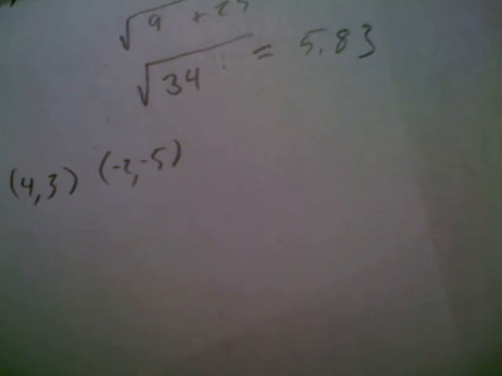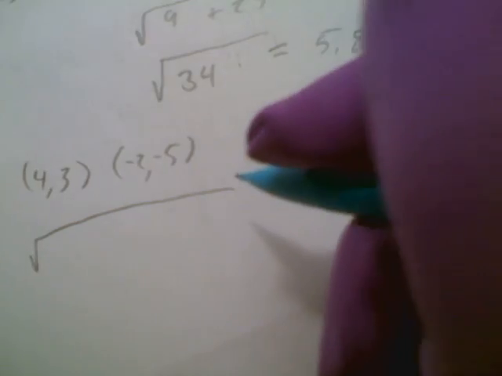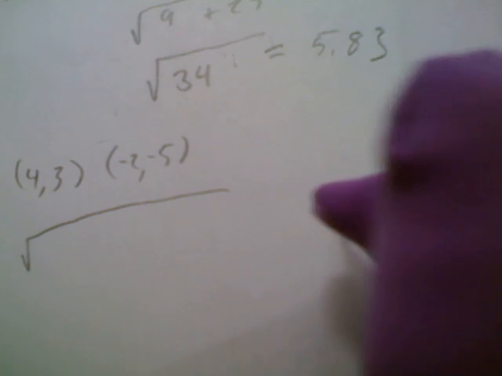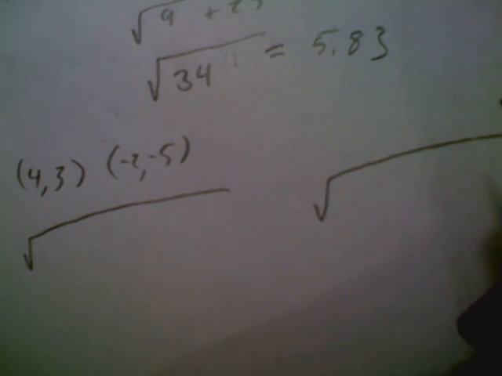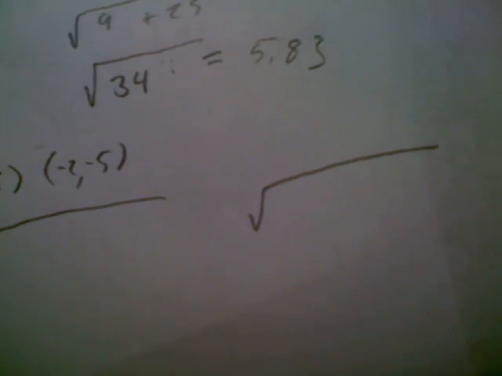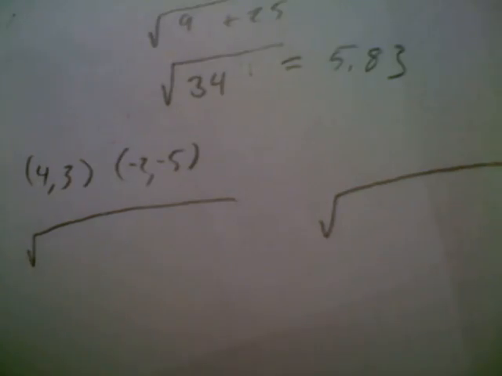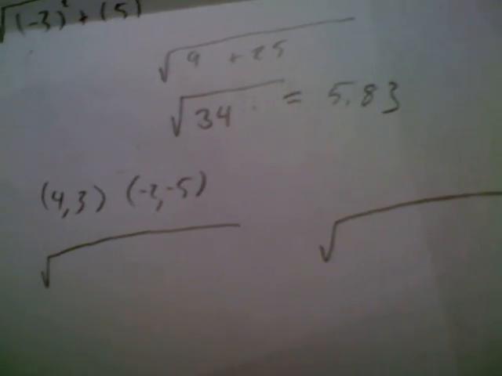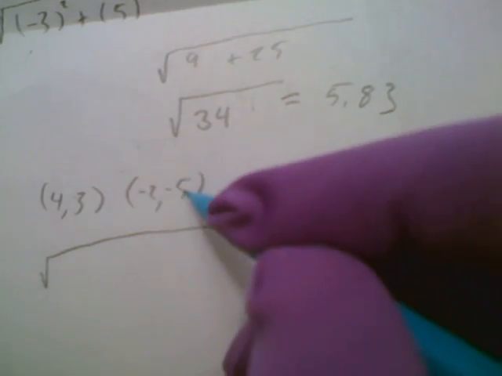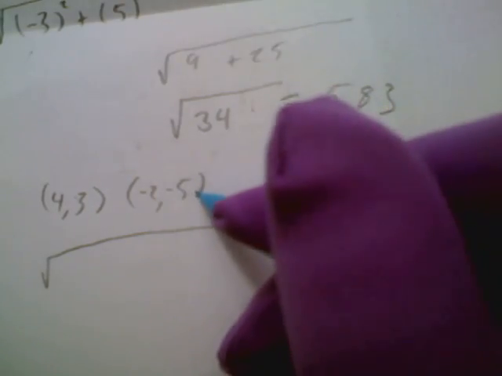Much like the midpoint formula, which one is point 1 doesn't matter, but x1 has to go with y1, and x2 has to go with y2. We're going to do both of these together to see. The two radical signs show the two different ways we can do it. We can say this is point 1, or we can say that is point 1. We're going to start with this one being point 1 and that one being point 2.